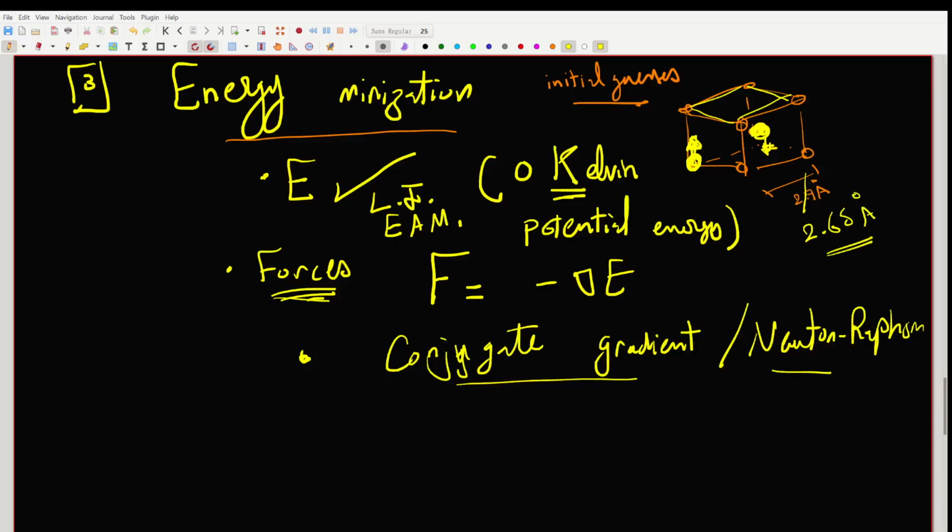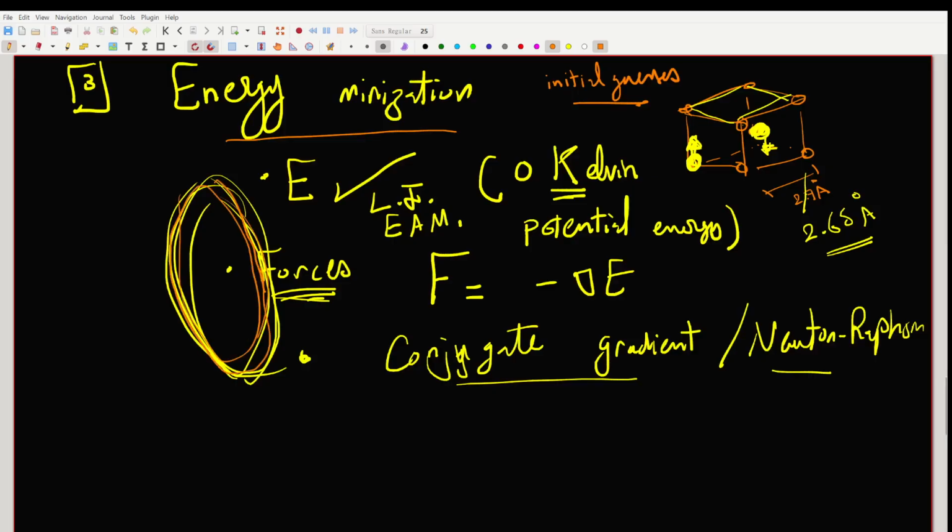And usually this process is iterative. You go back again. This is like a loop, right? You keep going through this loop, calculating the energy, forces, conjugate gradient, and then you repeat until you reach some stopping criterion. You need some stopping criterion to stop this energy minimization.